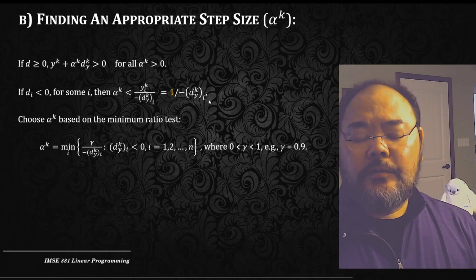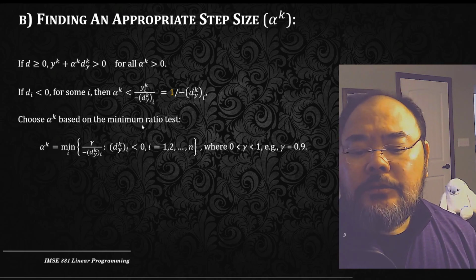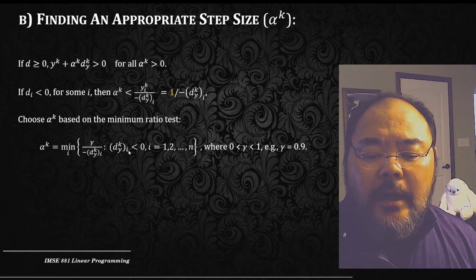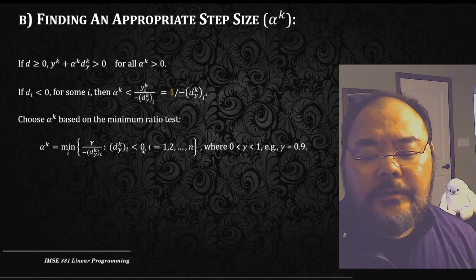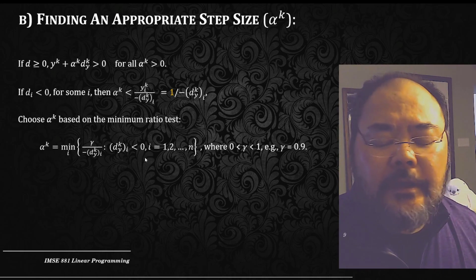So this basically follows our minimum ratio test. Now alpha k equals the minimum of all the gamma k divided by negative dyk for dyk of i less than 0. If dyk of i is greater than 0, it doesn't matter. It will never violate the non-negativity constraint.